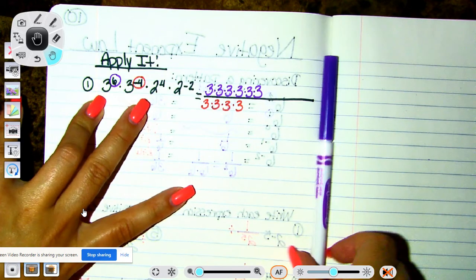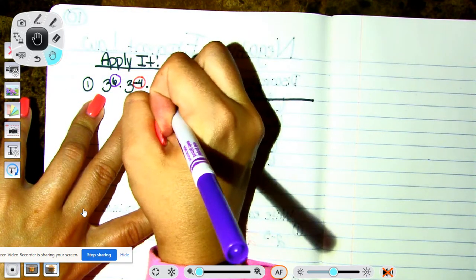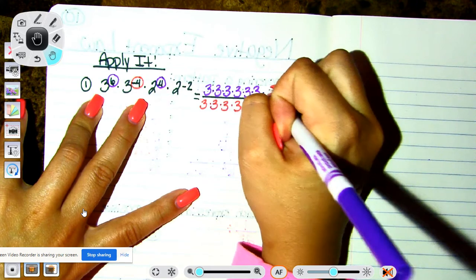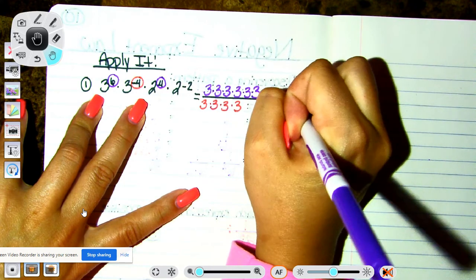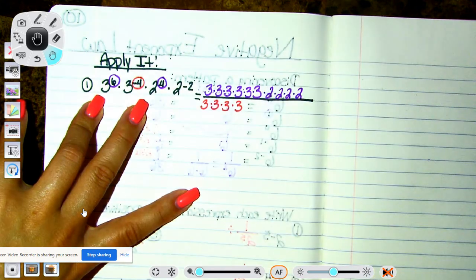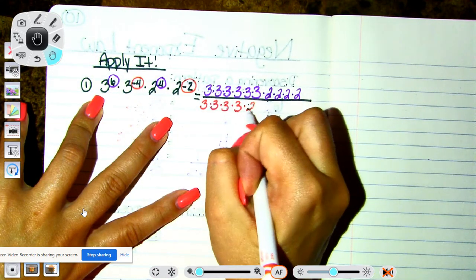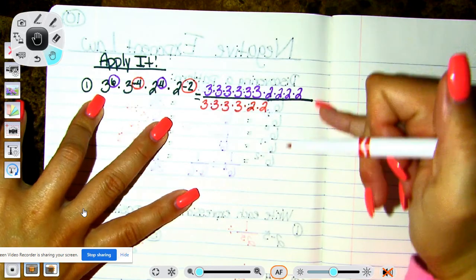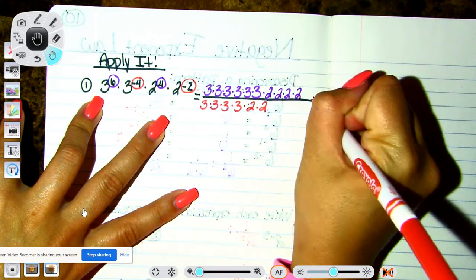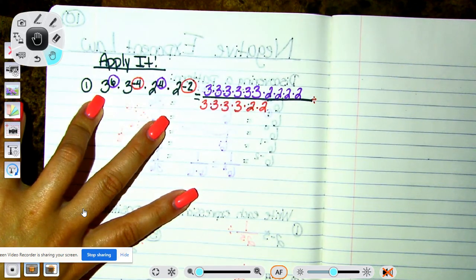In this case here, I have 2 to the positive 4. It means I'm multiplying by 2 4 times. 1, 2, 3, 4. And I have 2 to the negative 2nd, which means I'm going to divide by 2. And again, it's going under the fraction bar because this is representing division.